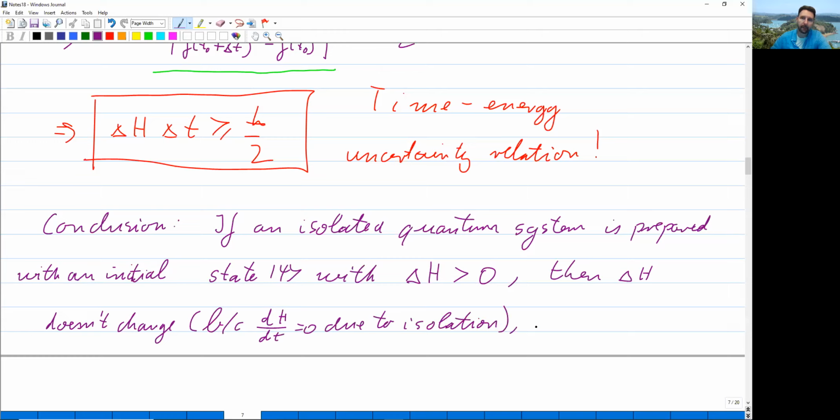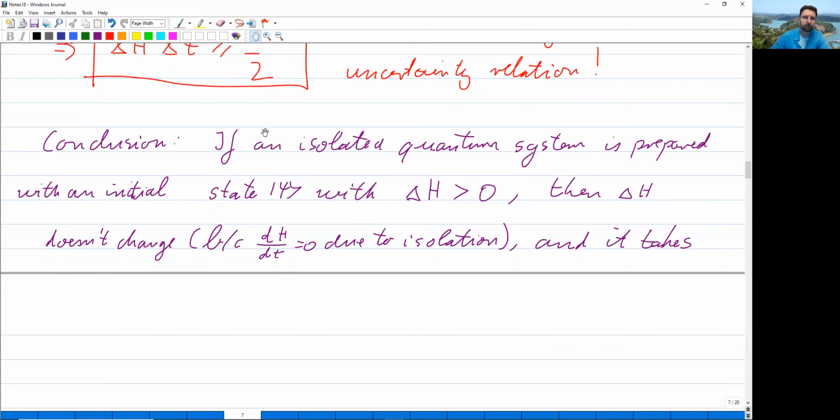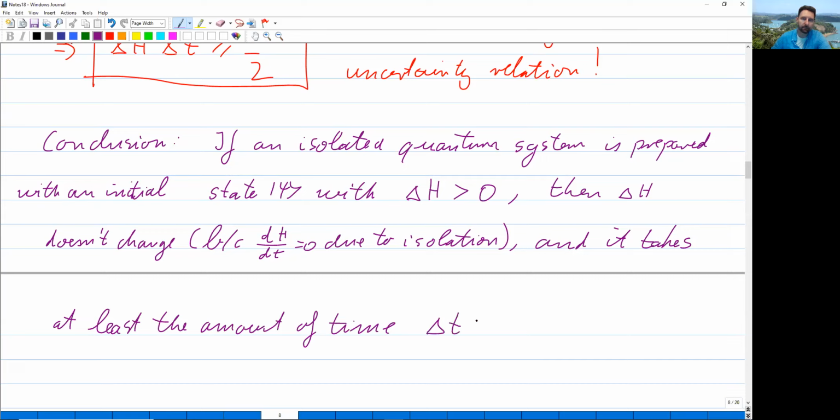Okay. And it takes at least the amount of time delta t larger equal to h bar over 2 delta H. Is this legible?